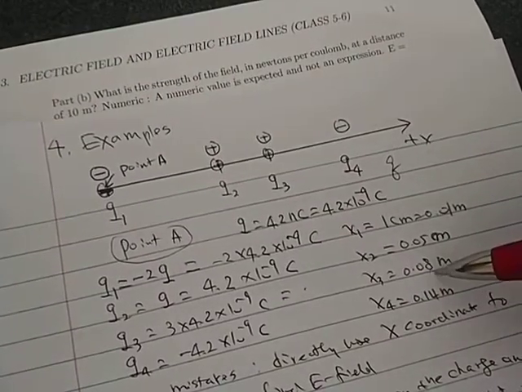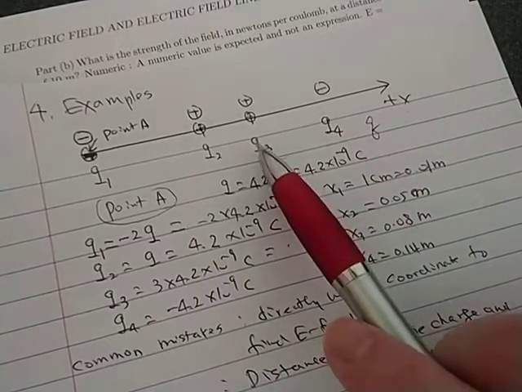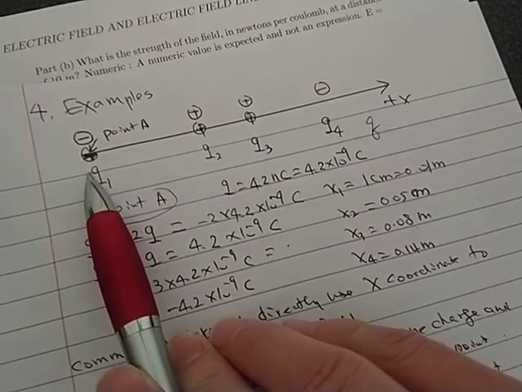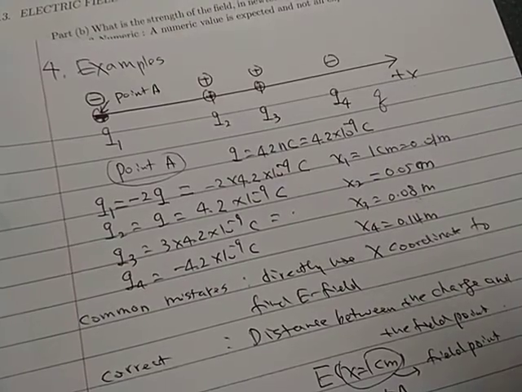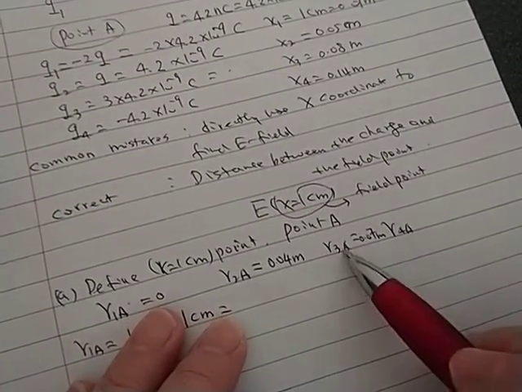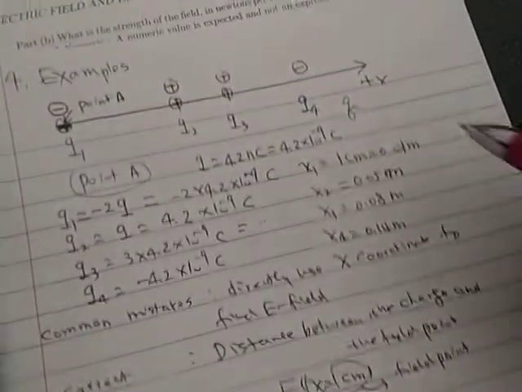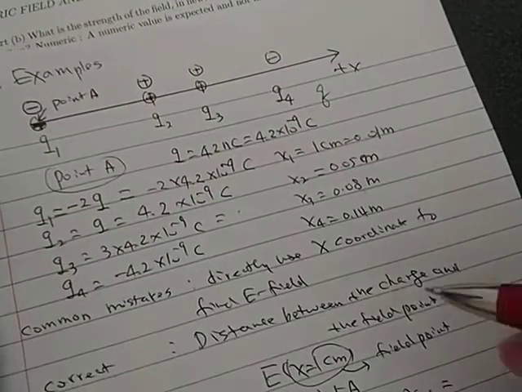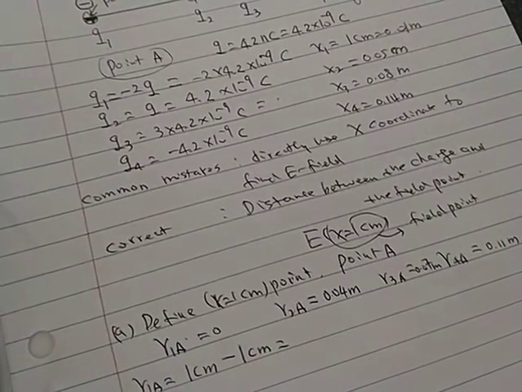And you can do the rest of them easily because, for instance, the distance between Q3 and field point A is just 7 centimeter or 0.07 meter. So that's what you get. The last one is also simple because that's 14 centimeter minus 1 centimeter. So this is 0.11 meters. So that is what we got.